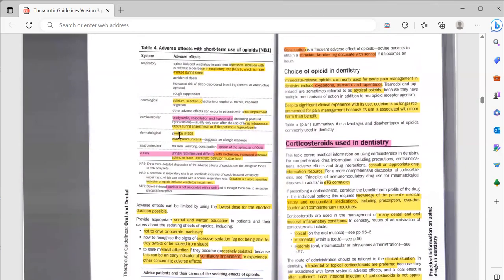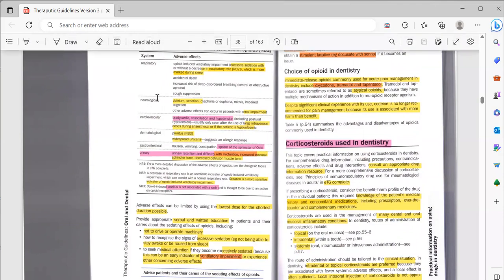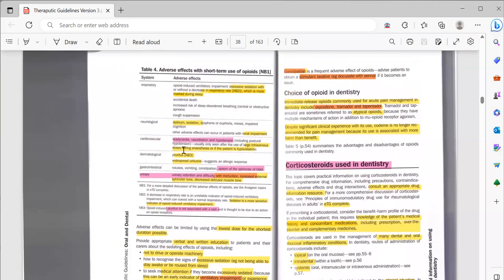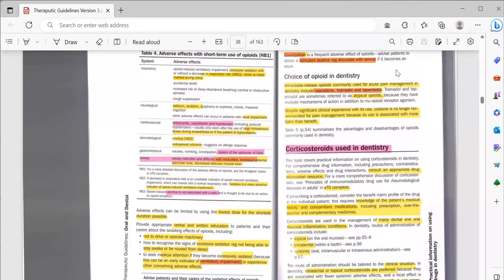So just try to remember that it suppresses every system, be it respiratory, neurological, cardiovascular, dermatological, GIT, or urinary.